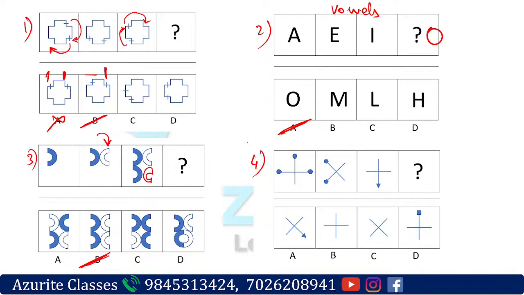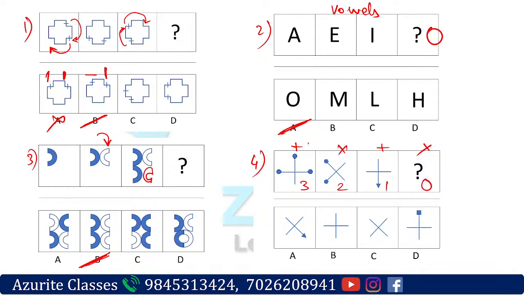Okay, good. Now the fourth one, so what is happening, this plus sign is becoming a multiplication symbol, and then the plus will become that here, right? That is the multiplication symbol. So there are 3 shapes here, there are 2, then 1, then 0.